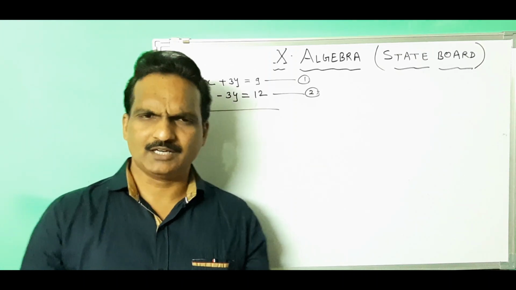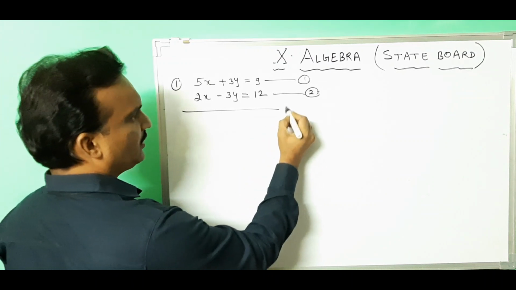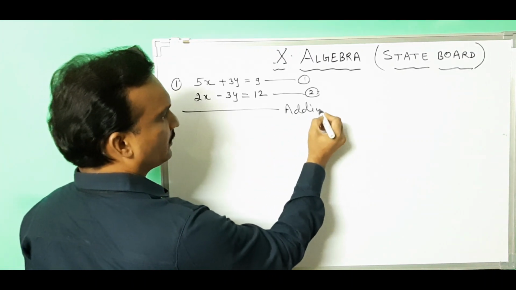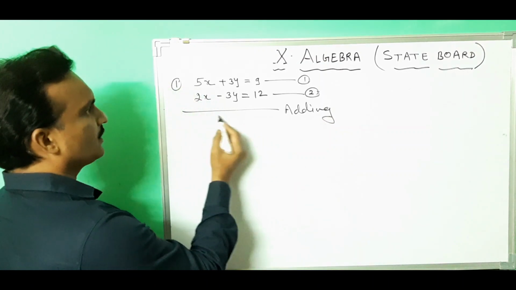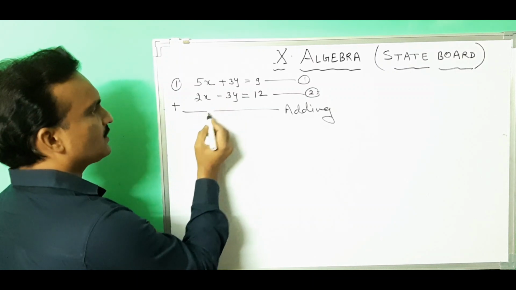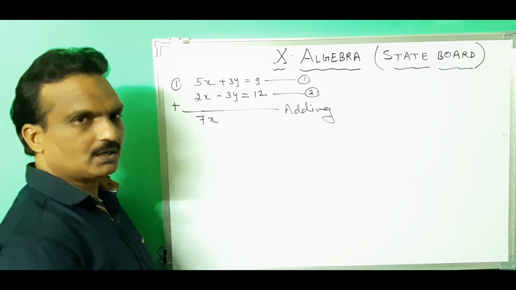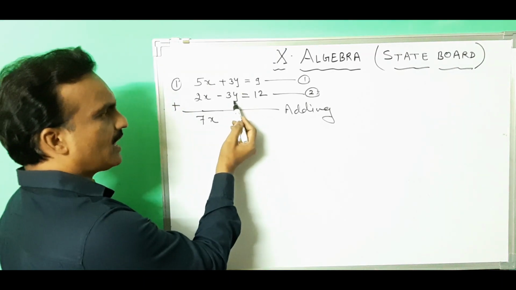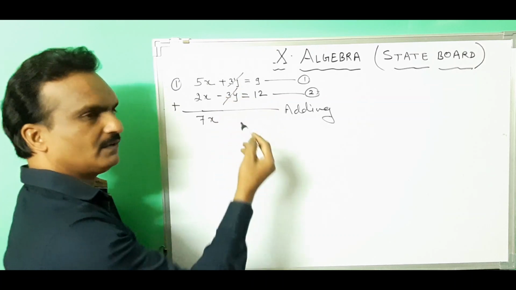Okay, so just add. You can write the statement here or directly write "adding" on the side. So add these two equations. 5x plus 2x is 7x. Plus 3y minus 3y will get cancelled. 3y minus 3y will become 0.